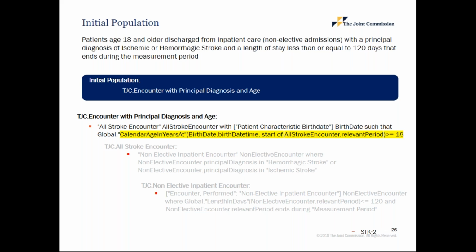So, in other words, the patient needs to be 18 or older by the start of the admission. And now that we've defined all the criteria to meet the initial population, encounter with principal diagnosis and age becomes the single definition for the initial population.